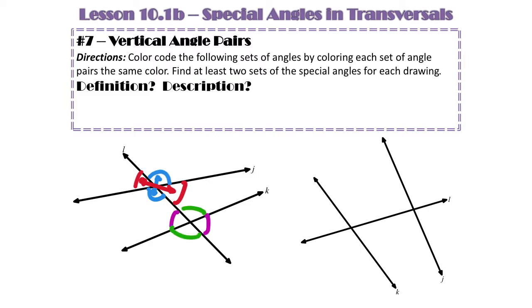Those are vertical. Or these two orange ones, or these two green ones, or these two purple ones, or these two red ones. Those are all vertical angle relationships because they're through the vertex or intersection. Now, vertical angles, we know these ones are congruent, which means they are the same.